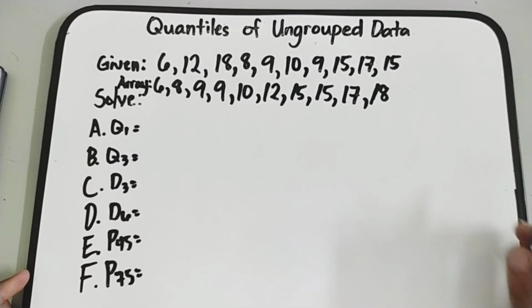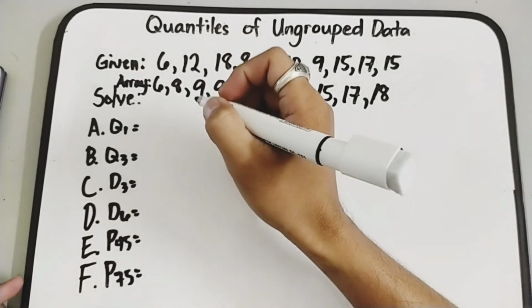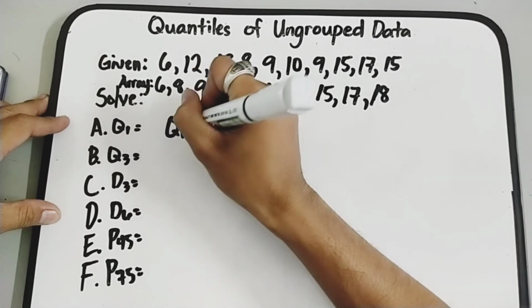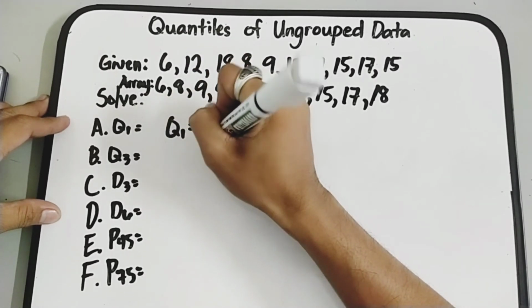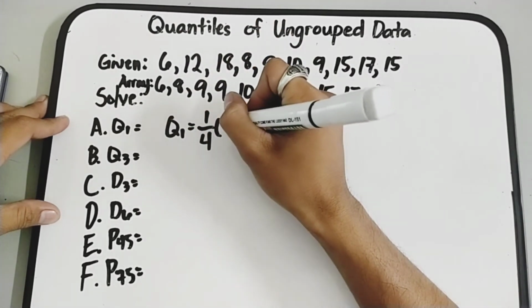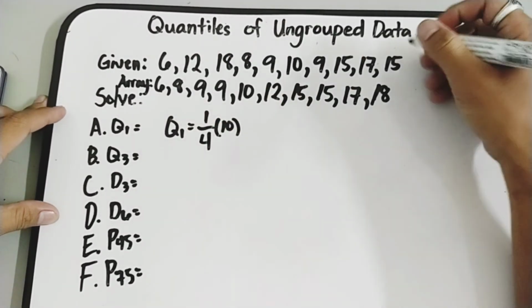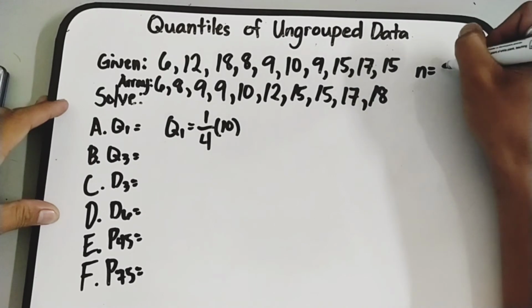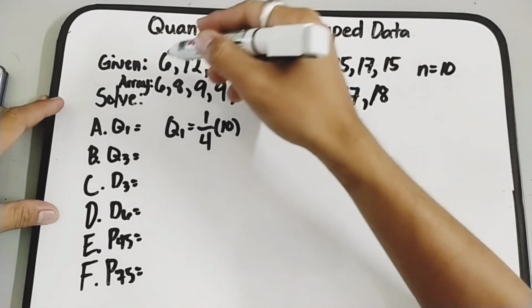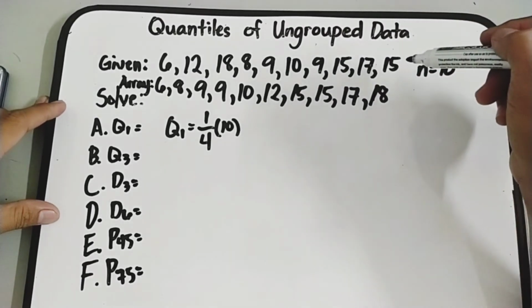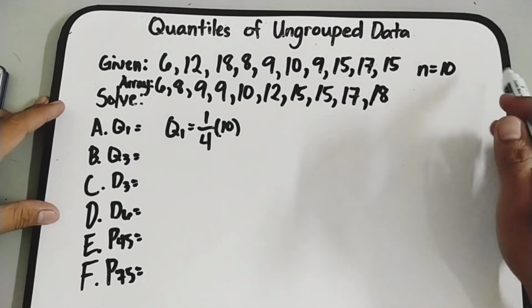So again, pag kinukuha yung quartile, we divide the data into 4 equal parts. So quartile 1 is equals to 1 over 4 times our n, which is 10. Bakit 10? Our given data or samples is 10. That's why n is equals to 10.